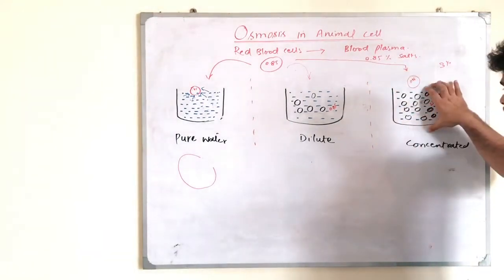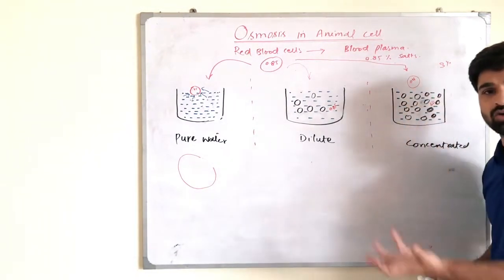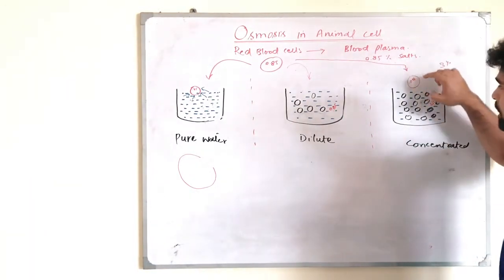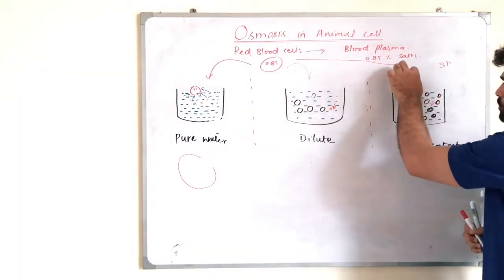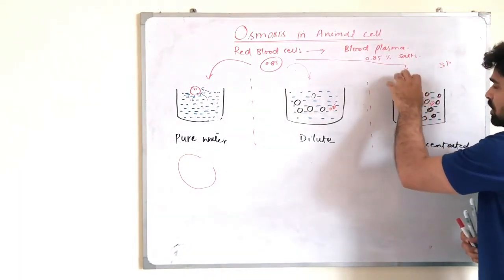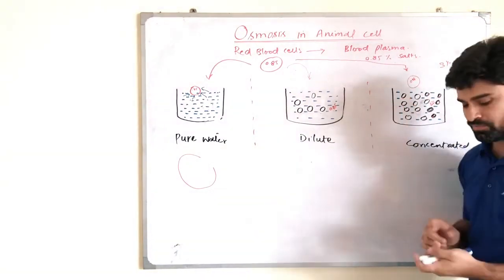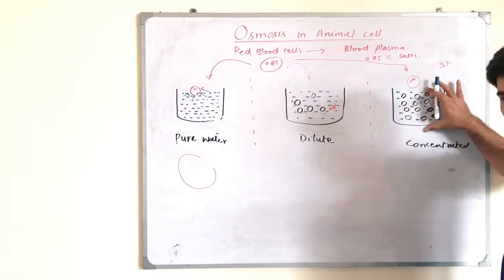If that solution is more concentrated, it has a very low water potential. And as compared to this beaker, in the red blood cells the water potential will be high, because it is less concentrated.